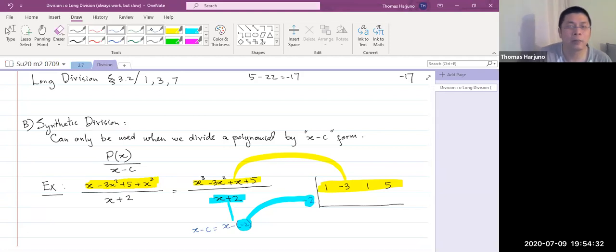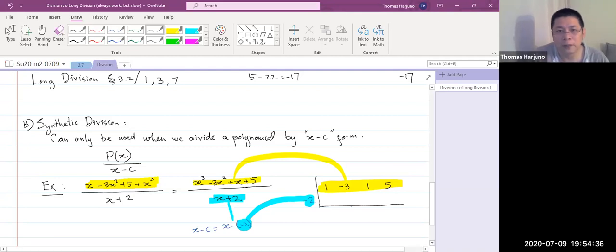Now then, how about the procedure? The procedure will be as the following. The first number here will always be copied down underneath here. Whatever you have there, that's what you copy down. Boom. Always, just copy that down.